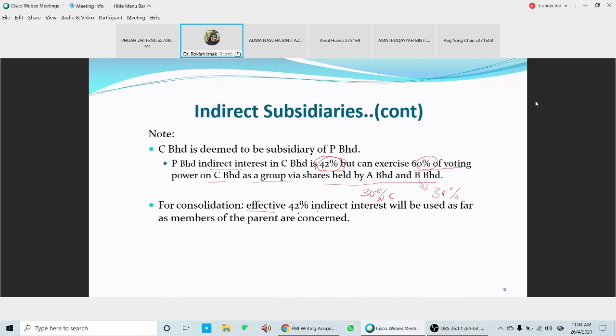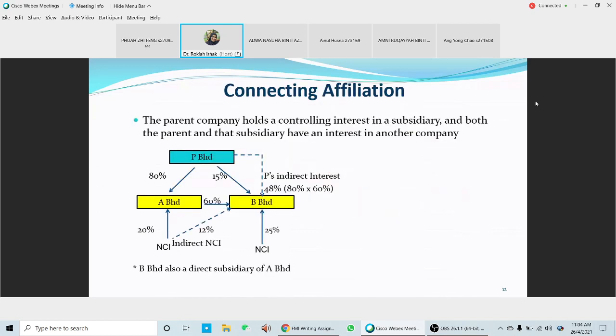To prepare the consolidation entry, we're going to use the 42% interest in C. Okay, the next one, we are going to look at connecting affiliations. For a connecting affiliation, the parent company holds a controlling interest in the subsidiary, and both the parent and subsidiary have an interest in another company. Look at this diagram.